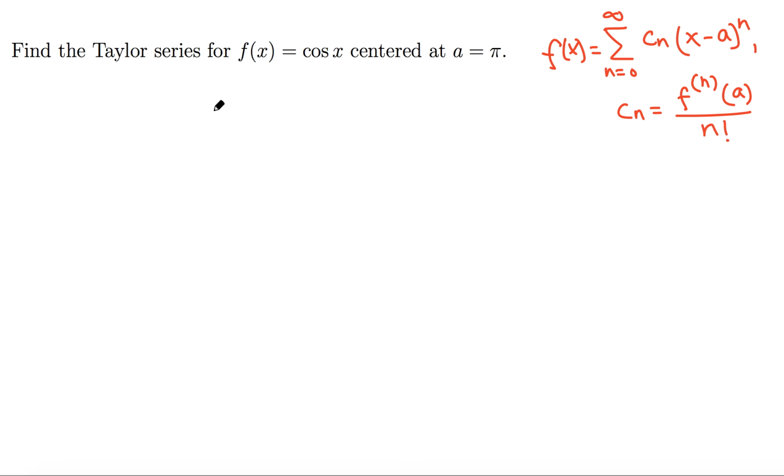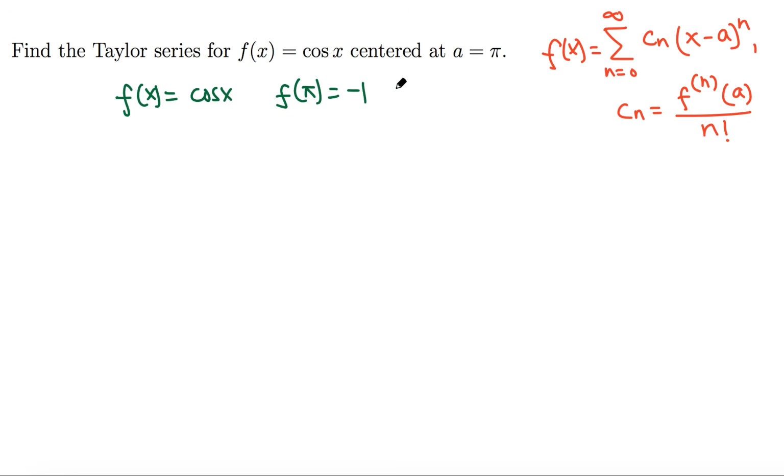Okay, so all we have to do is find the constants c0, c1, c2, etc. We start with the function, cosine x. Let's evaluate at the center, at pi. That means cosine pi, which is -1.